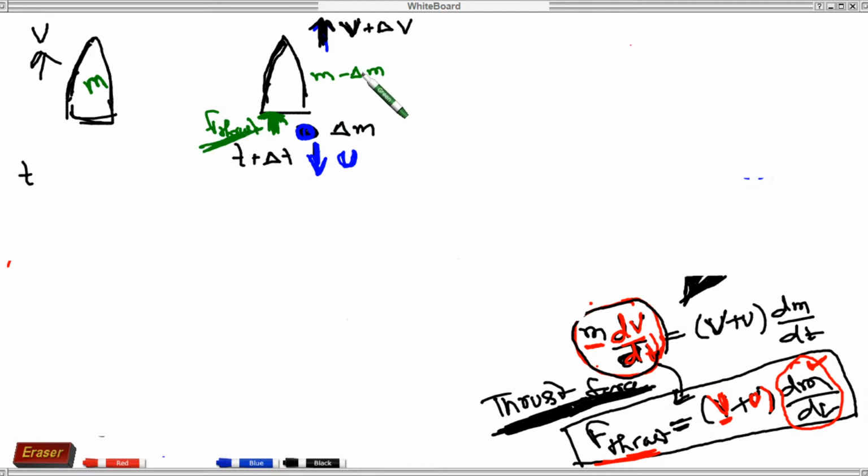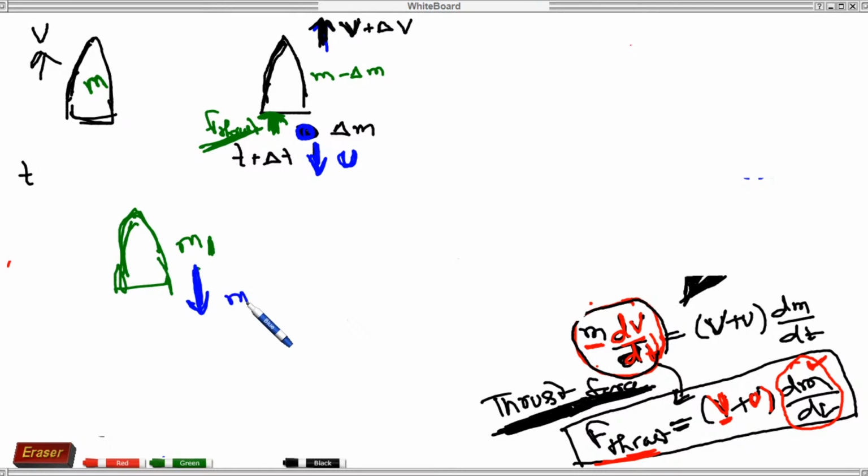Consider some time, at which it has m1 mass. This m1 into g force will act downward.